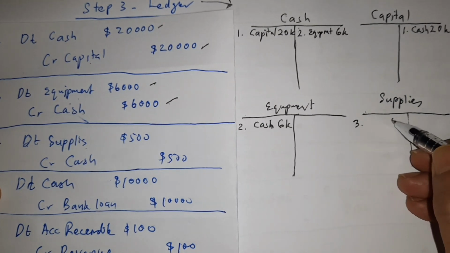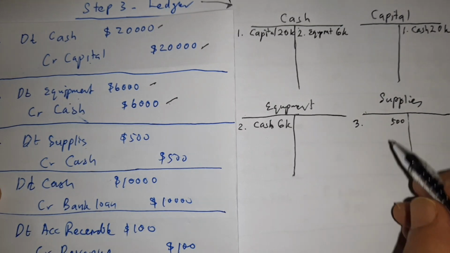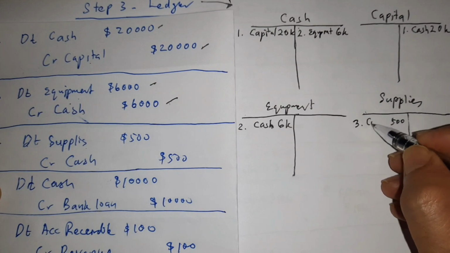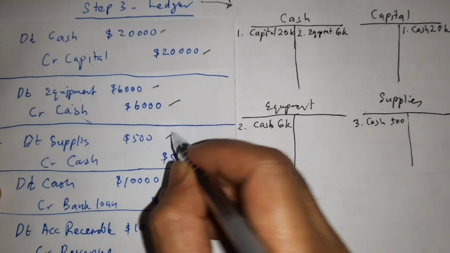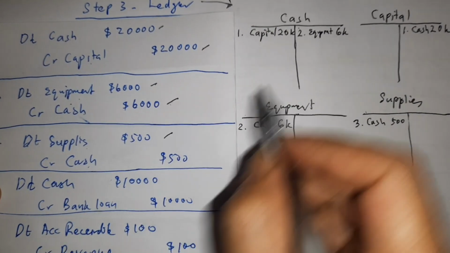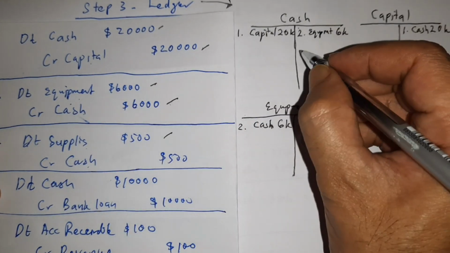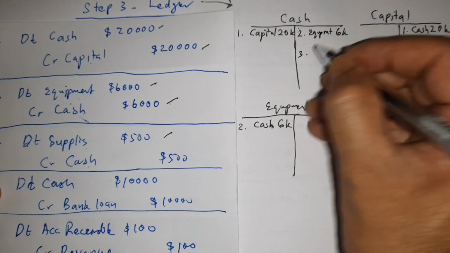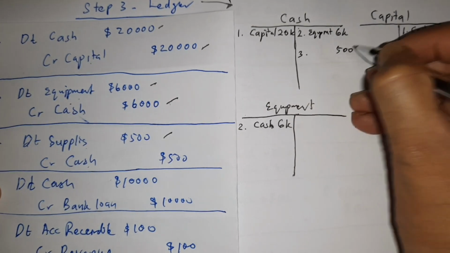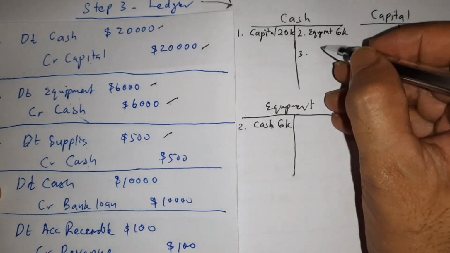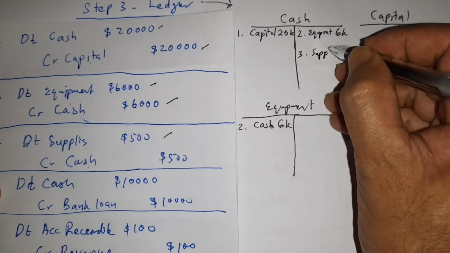Debit supplies 500. Refer to account cash. Done. Credit cash 500. You already have the account cash. So credit account cash 500. Refer to which account? Refer to account supplies. You write here supplies.